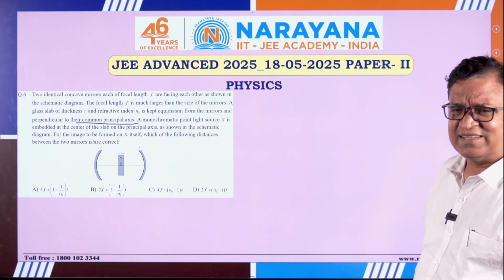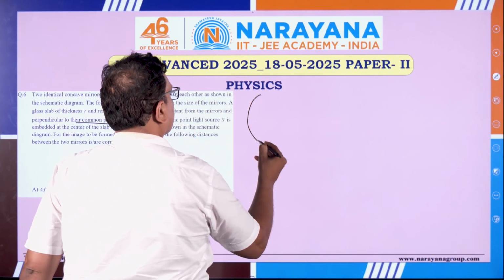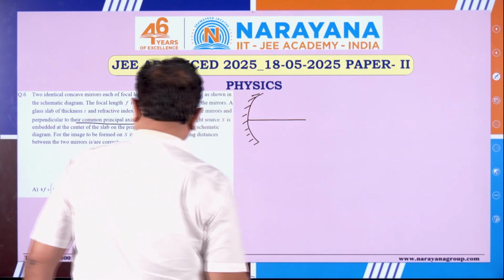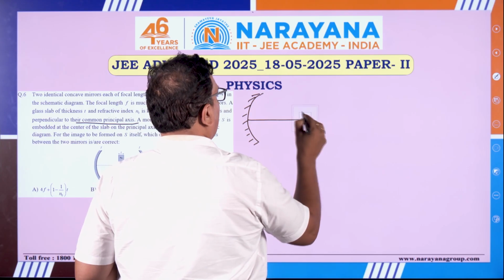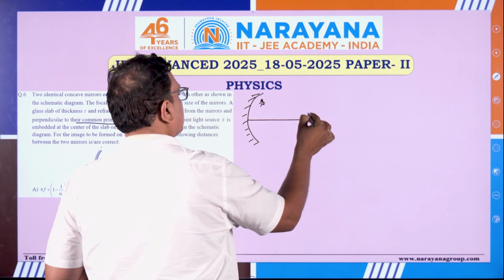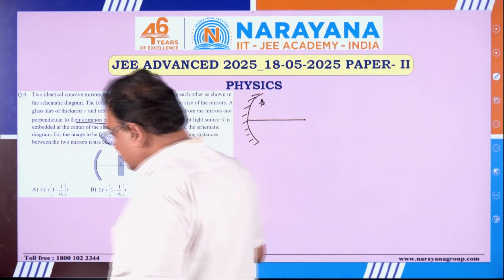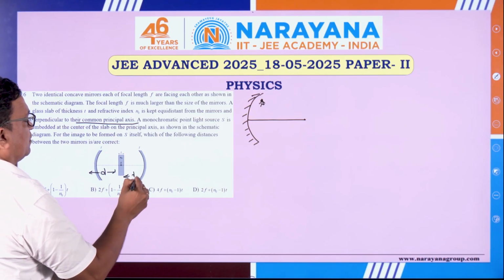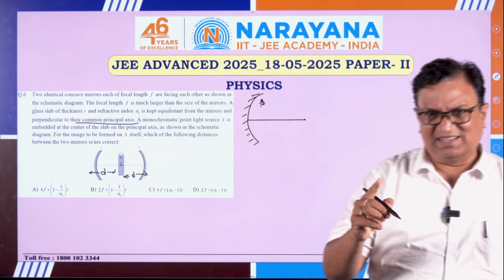I'll forget all these things and assume that there is only one concave mirror, and I assume that the effective position of that object as seen by an observer here is at the center of curvature. Already what they have given, this is D and T. In fact, the centers are separated by 2D plus T, right?